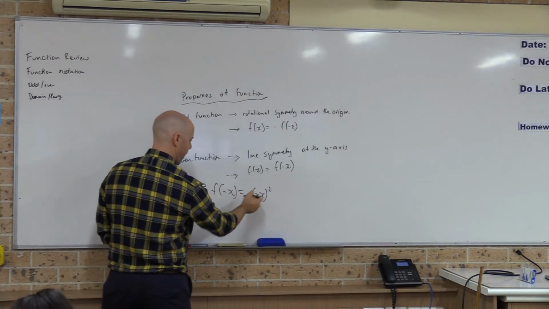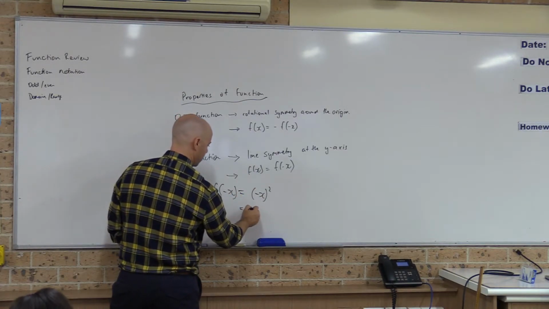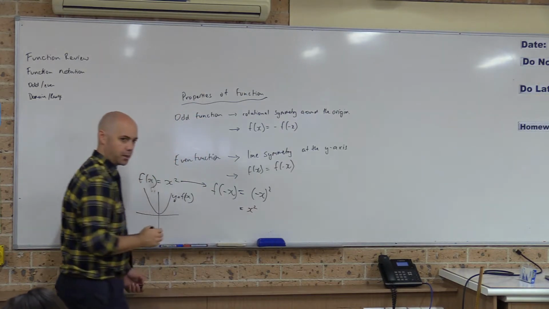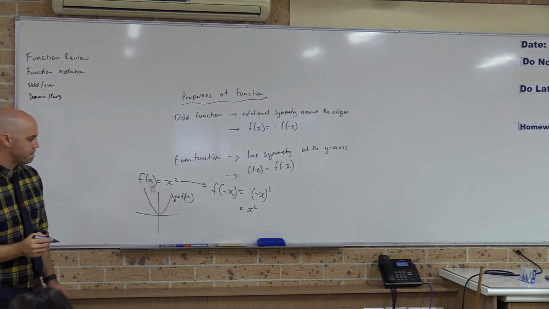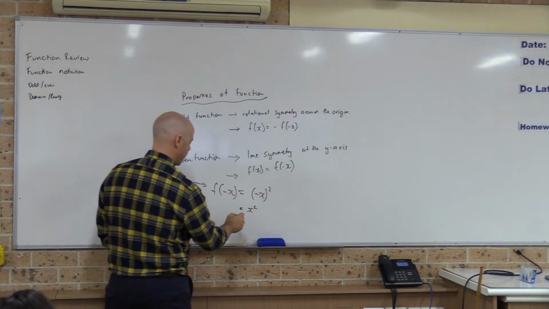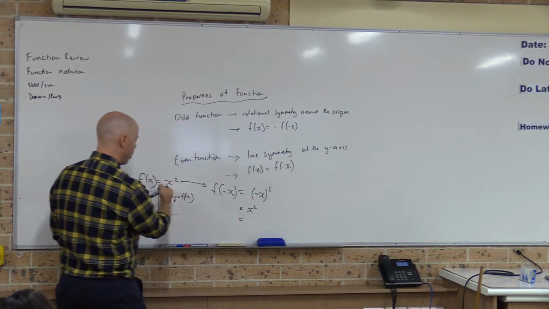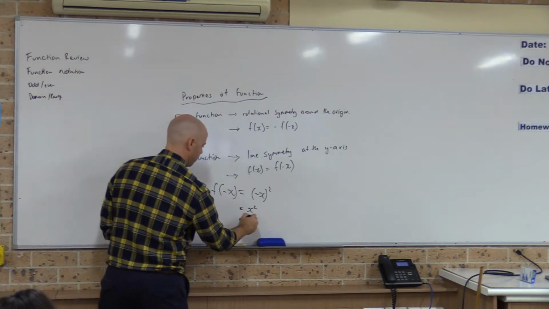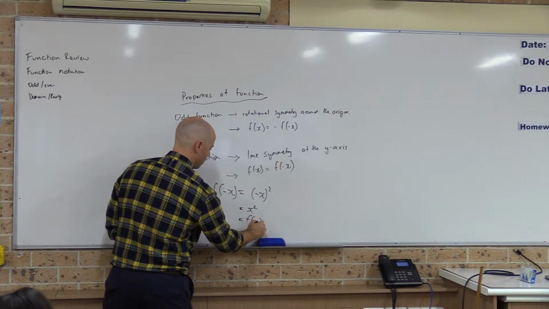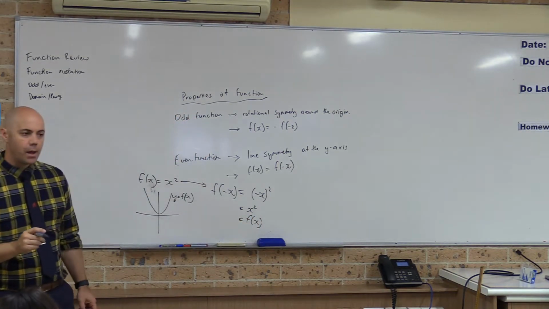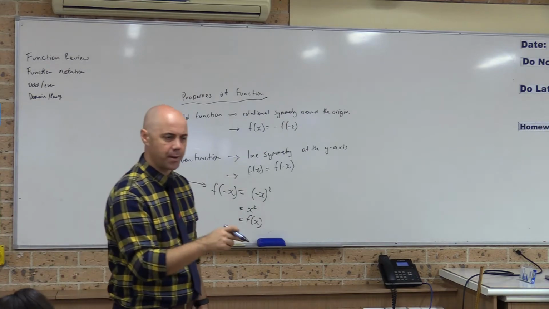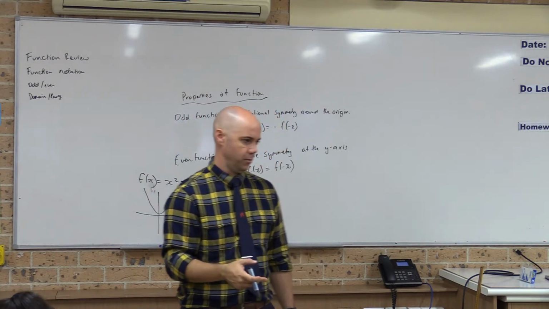And what is negative x squared? Just x squared, isn't it? Okay, it's the same as just x squared, which we know was our original function. So when I substitute a negative x into the function, I actually get the same value.